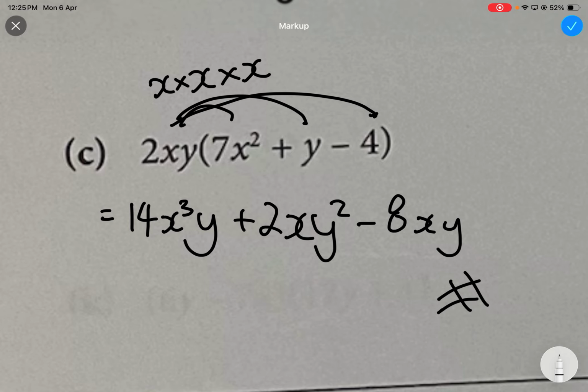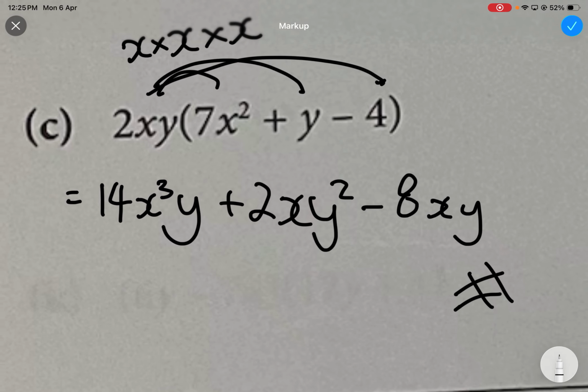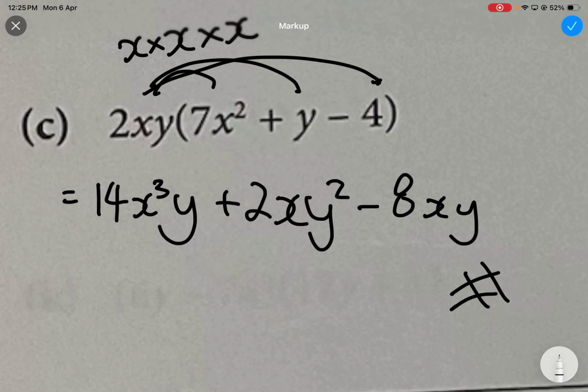So your 3 can only be for your x. It cannot be for your y. You can put y then x cubed, but the 3 must be with the x.